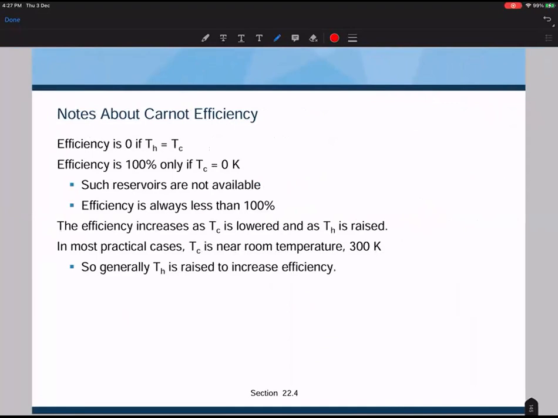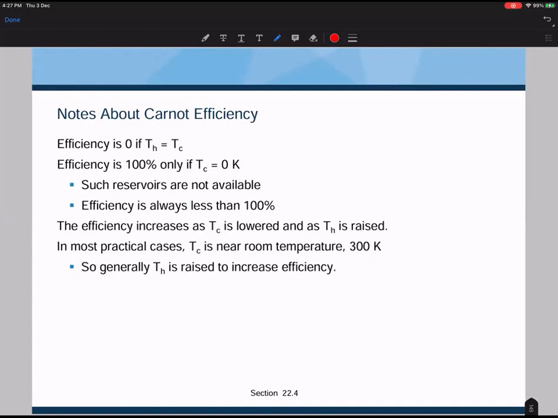And of course, if TH is equal to TC, because it is a heat engine, you would expect zero efficiency. And only when you have TC equals 0, then you have 100% efficiency. But TC equals 0 does not exist, because you could never achieve an environment that is exactly equal to 0 Kelvin.